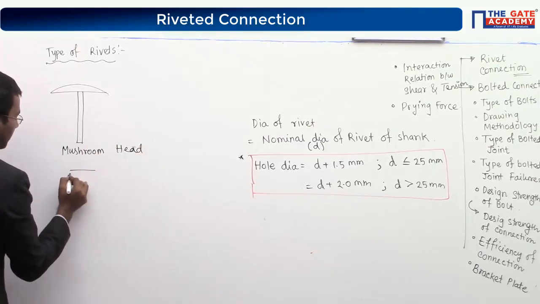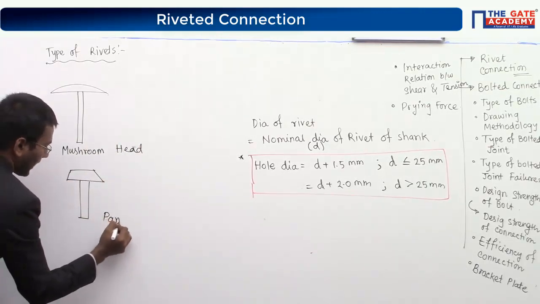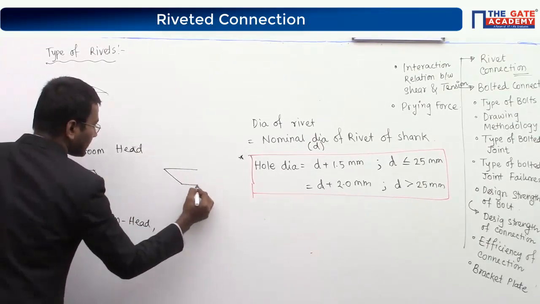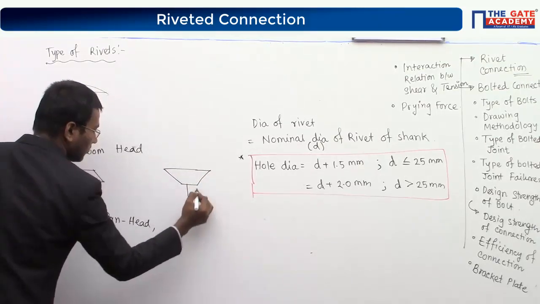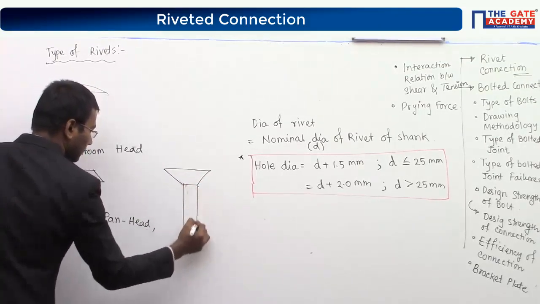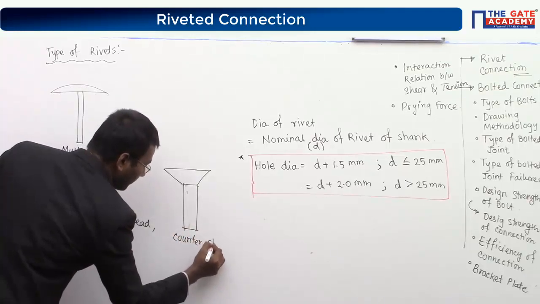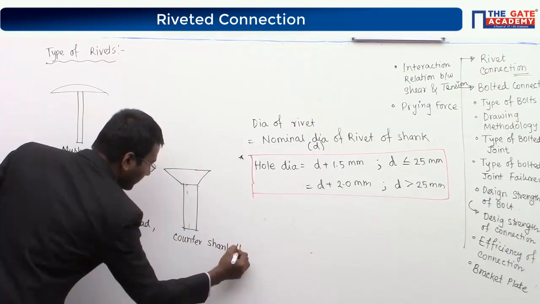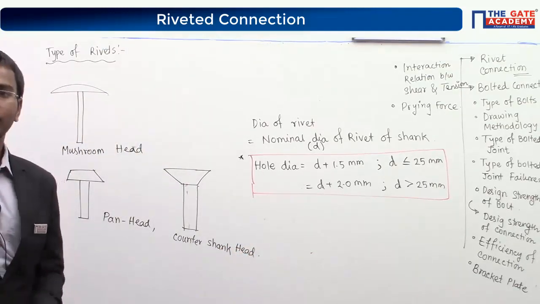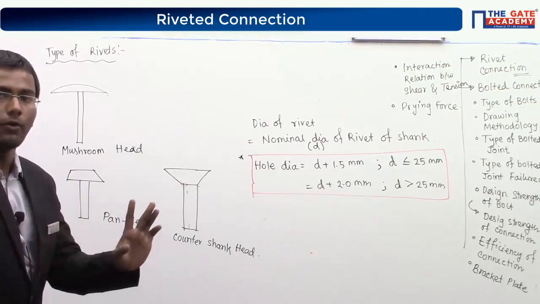A rivet like this is known as pan head. A rivet like this is countersunk head, etc. It is a variable diagram that can be given, but it is not required for our portion.